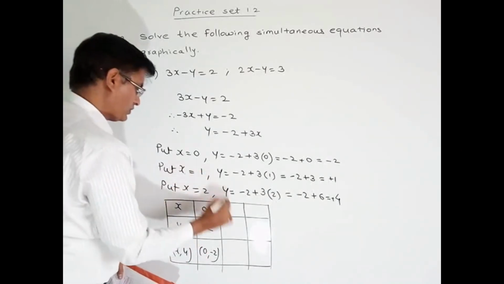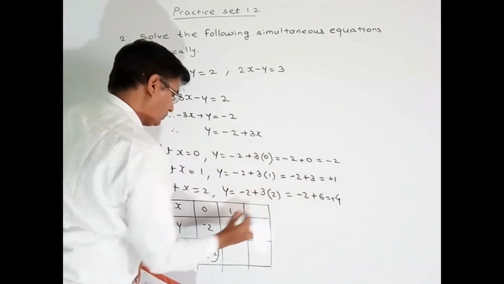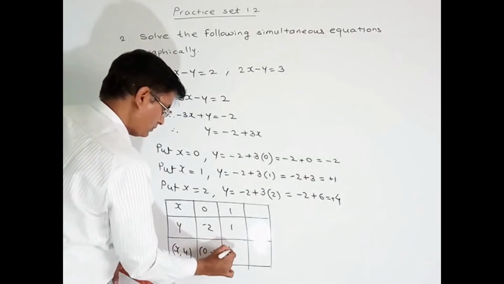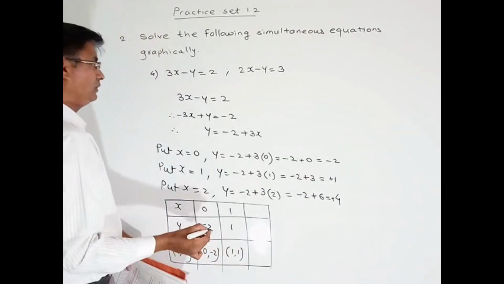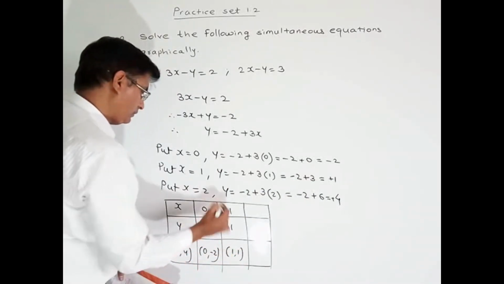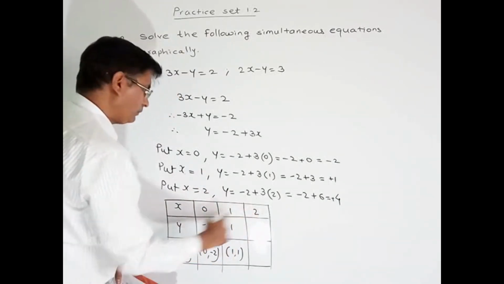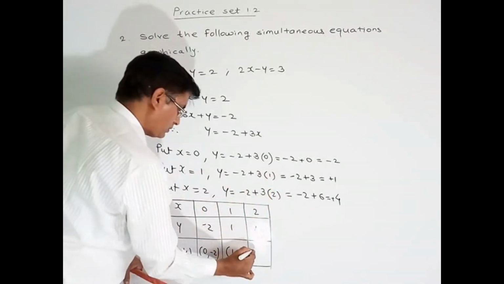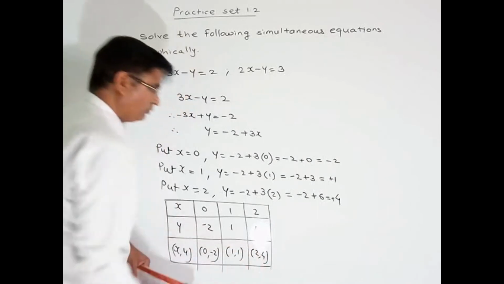Then x is equal to 1, y is equal to 1, so 1 comma 1 is the ordered pair. Then x is equal to 2 and y is equal to 4, so the third ordered pair is 2 comma 4.